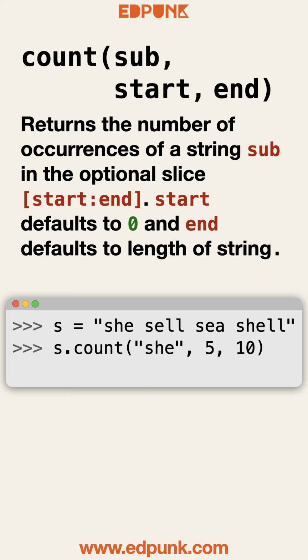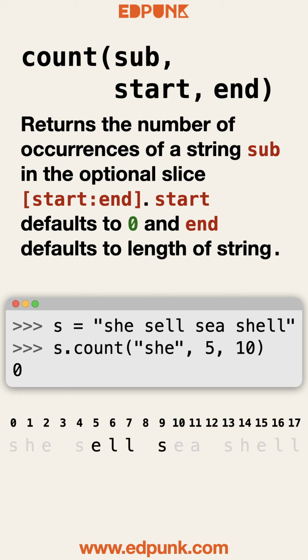Let us take another case where we execute s.count("she", 5, 10), which returns the number of times the substring "she" occurs in the string starting at index 5 and ending at index 9. In this case, there is no occurrence of "she", hence 0 is returned as the result.